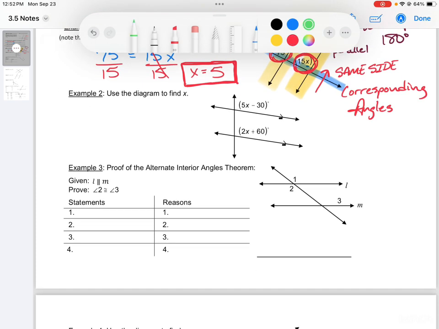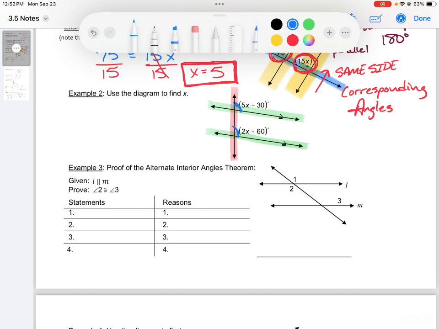If we look at example 2, similar type situation. Get our highlighter out here. Here's our transversal. And here are our parallel lines in green. So everything that we're talking about is in reference to those transversals and parallels. And so we've got these two angles right here.